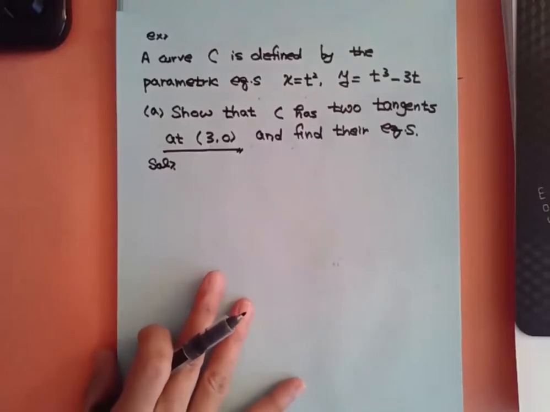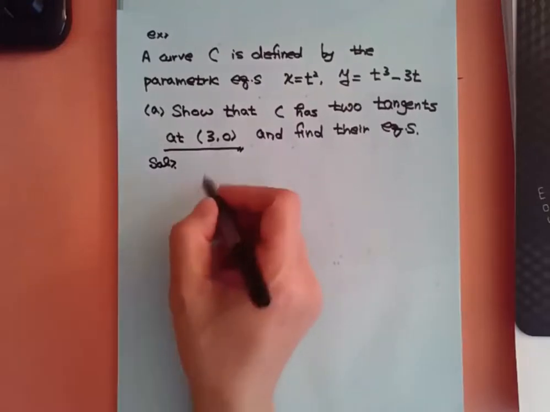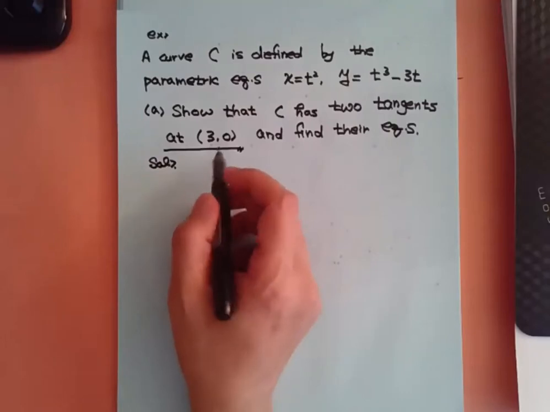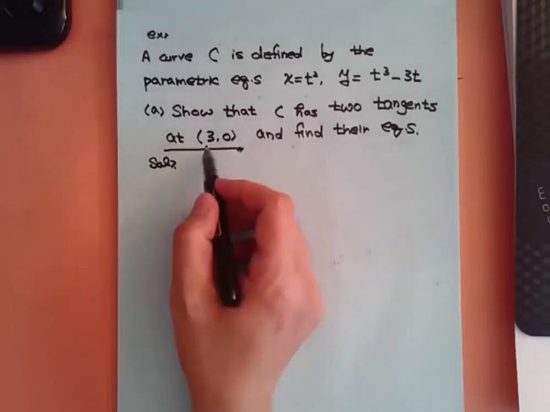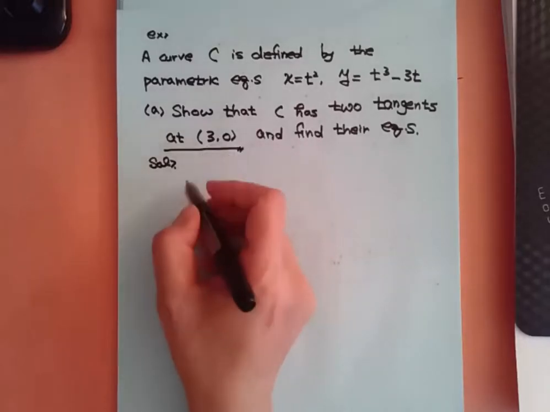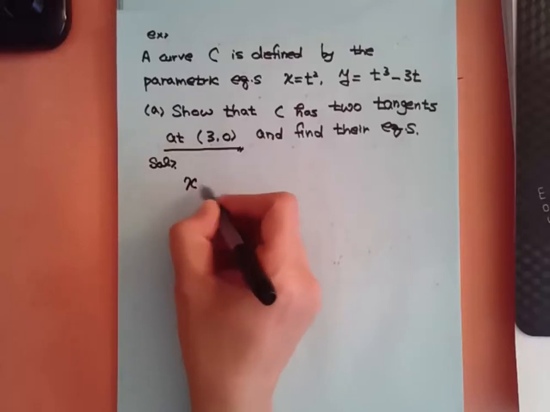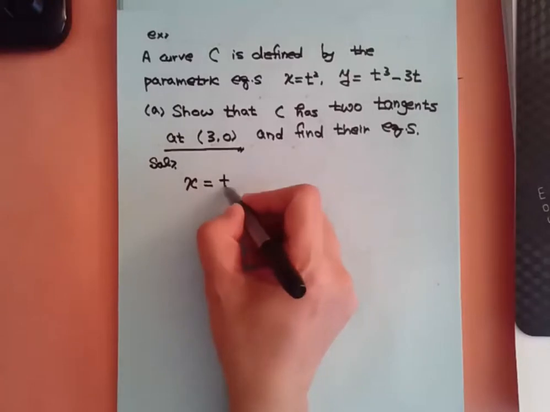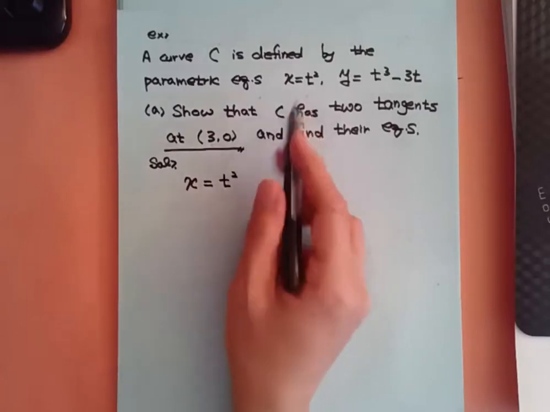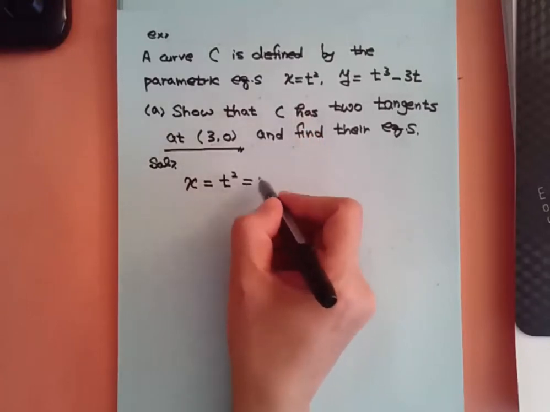The first step for this problem is we have to figure out what t value makes the x and y values become 3 and 0. So we want to solve the equation, the x value must be 3, right? So x equals t squared, that's how it is defined, and it should be 3.